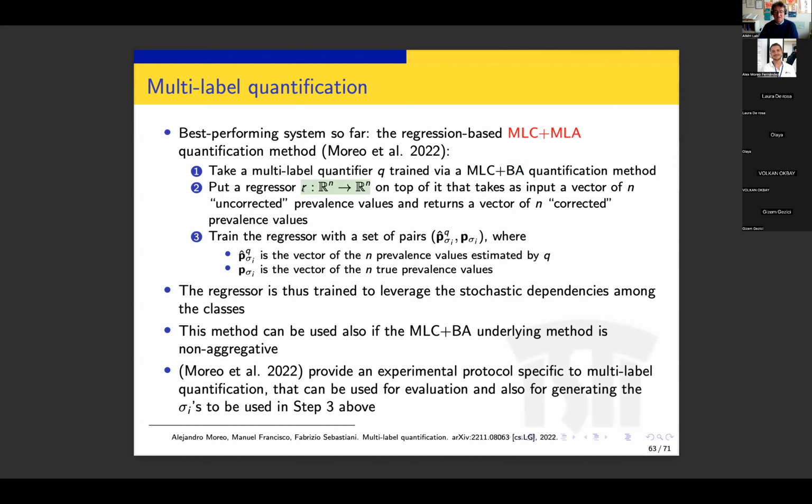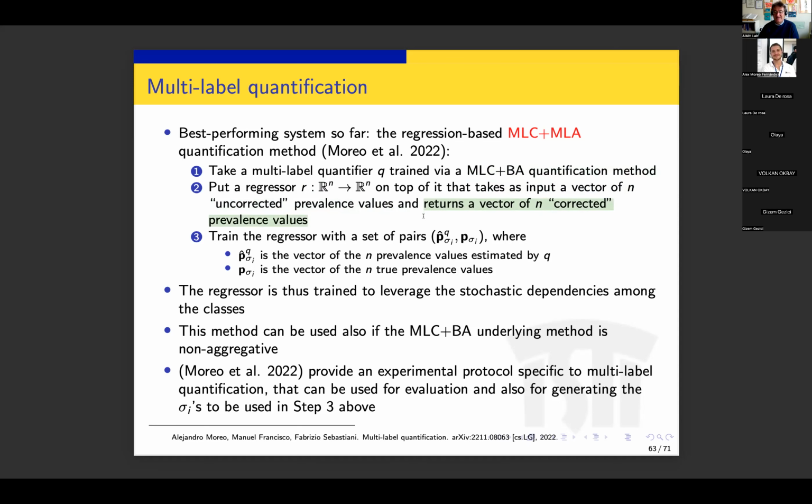What is a regressor? A regressor is a predictor trained by supervised learning that takes as input a vector of prevalence values, the vector produced by this method, and returns another, improved vector of prevalence values.